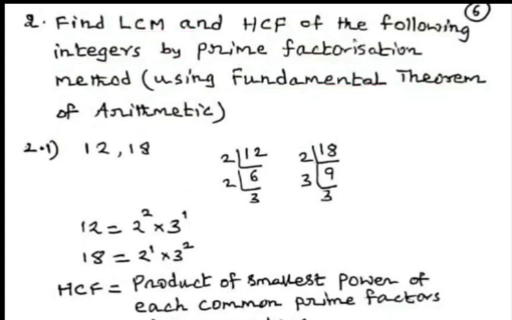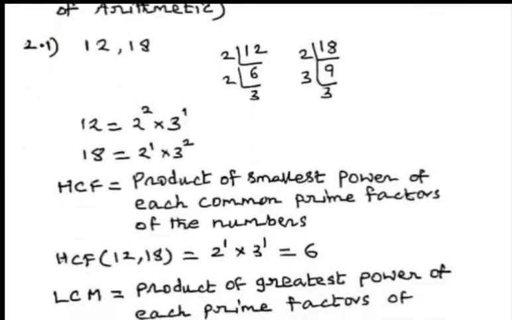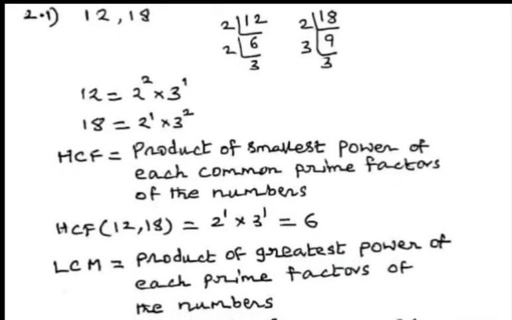So now we have to find prime factors for 12 and prime factors for 18. So 12 is written as 2 square multiplied by 3 power 1. 18 is written as 2 power 1 multiplied by 3 square.